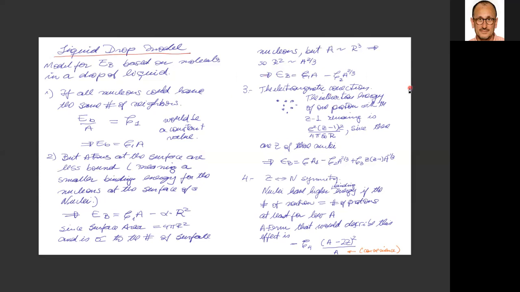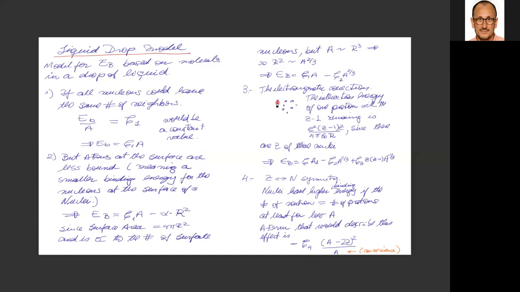Why? Because when I have two protons very close to each other, they're going to repel like crazy, and that will put the energy up. How far up? Well, the energy of one proton interacting with all the rest will be e squared times (Z minus 1), divided by 4 pi epsilon naught r.